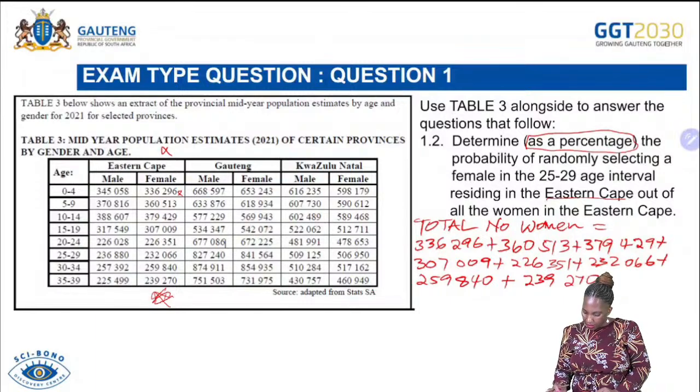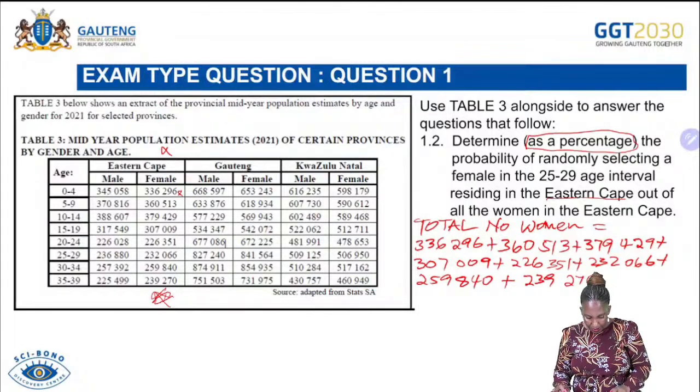336,296 plus 360,513 plus 379,429. I'm adding 307,009 plus 226,351. And then we go to the next one. Oh, you see the mistake that we make without adding.